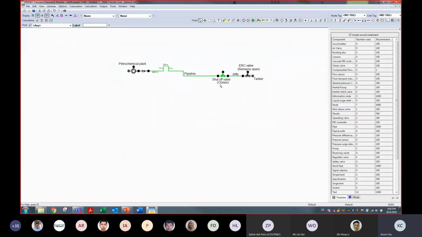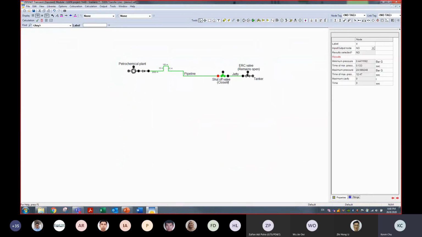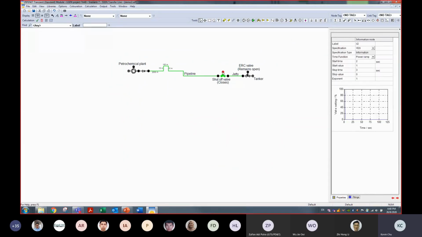So what we want to do here is reduce the pressure at the inlet of the valve, and also reduce the pressure wave which can cause the formation of negative pressure regions. So let's try a case where we shut the valve slowly.